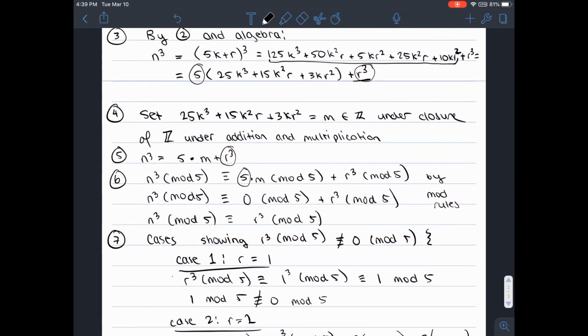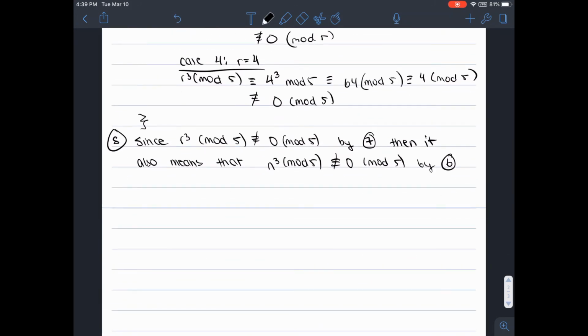Remember, we equated n cubed mod 5 to r cubed mod 5. Thus, since they are both not equivalent to 0 mod 5, there is no way that n cubed could be divisible by 5.